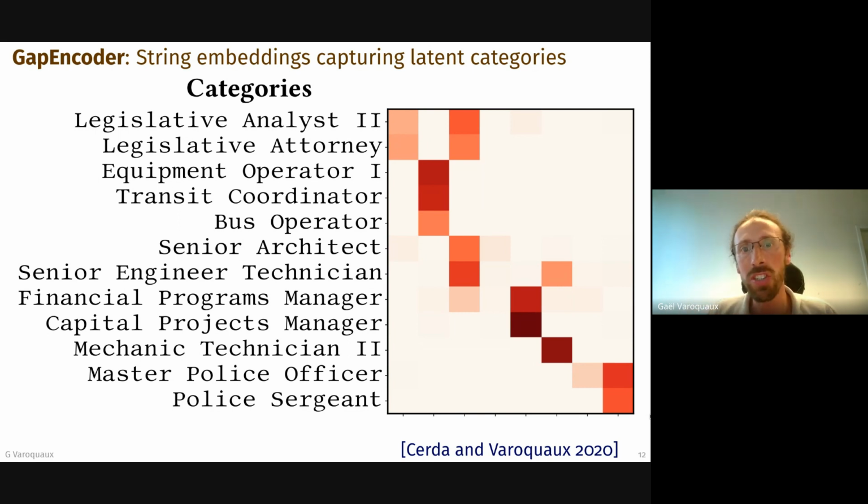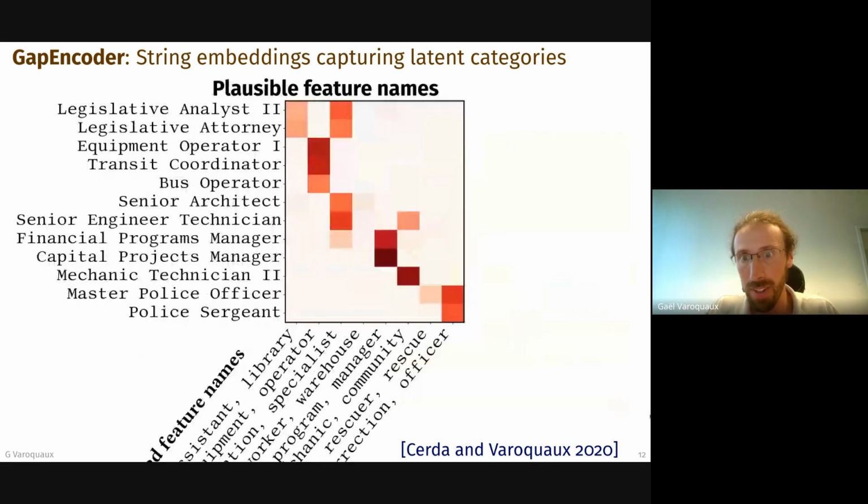What's interesting here is that we have found latent categories directly from the data. And those latent categories, we can actually give them meaningful feature names, by finding the words that repeat often. So what we have here is something that looks like a categorical encoding, but with the categories directly estimated from the raw string. We call this the gap encoder.